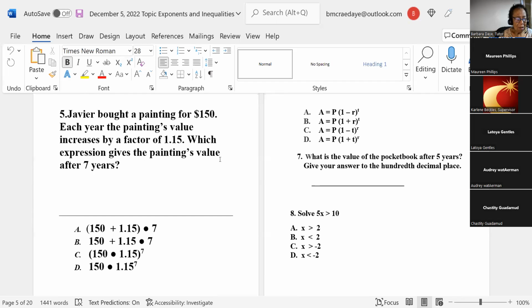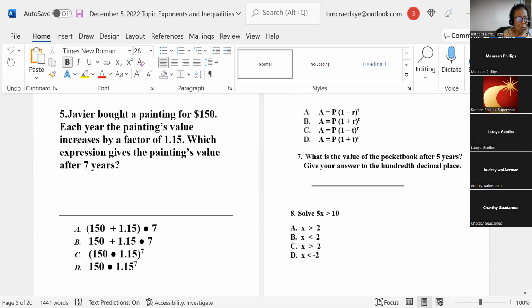The value. So what's your answer? Is B. No. A factor is always multiplied, and the power is the time. You see, this one says it increases by a factor of 1.15.